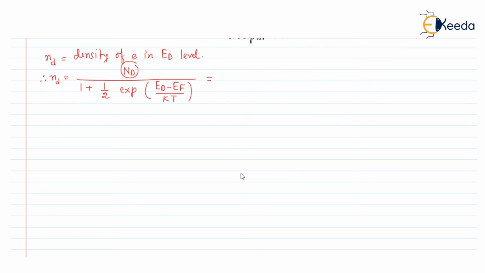Now further, if we take common exponential Ed minus Ef by kT, let us multiply the numerator and denominator by exponential minus Ed minus Ef by kT.